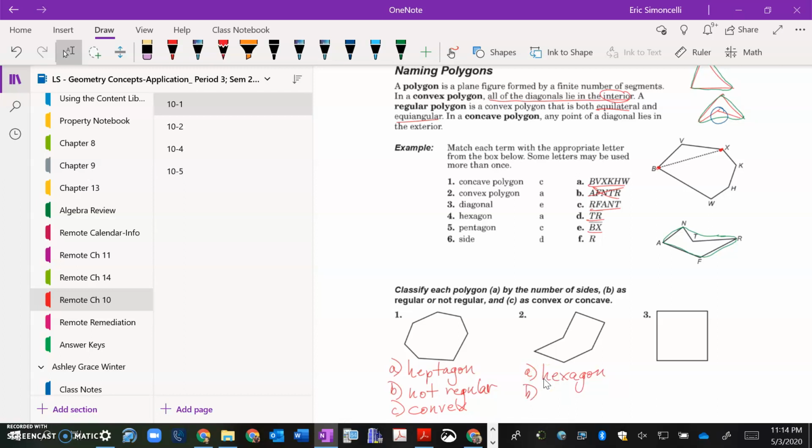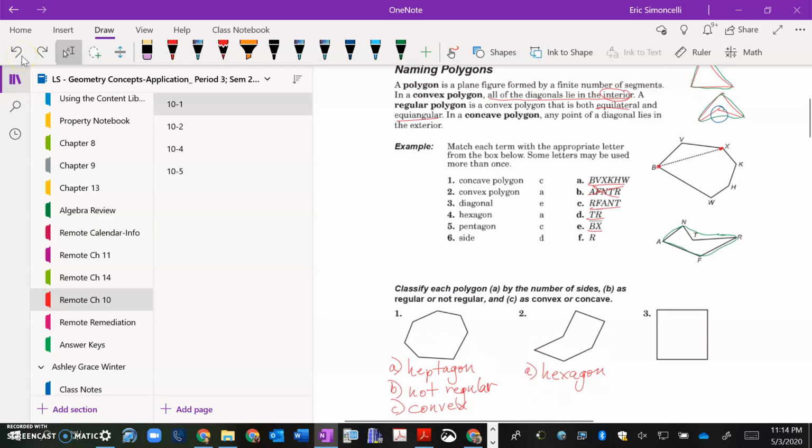Part B, regular and non-regular, it again doesn't look like all the sides are the same measure, so not regular, nor are the angles. And then last but not least, part C, again, trying to wrap that rubber band around. No, it's not going to touch every side, so to speak, so concave. Number 3, there are 4 sides to this.